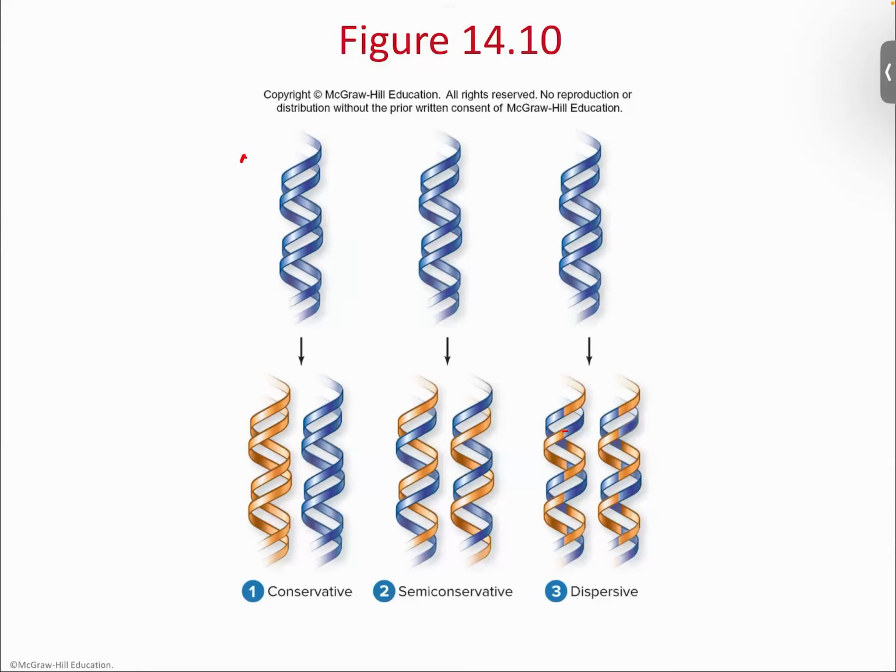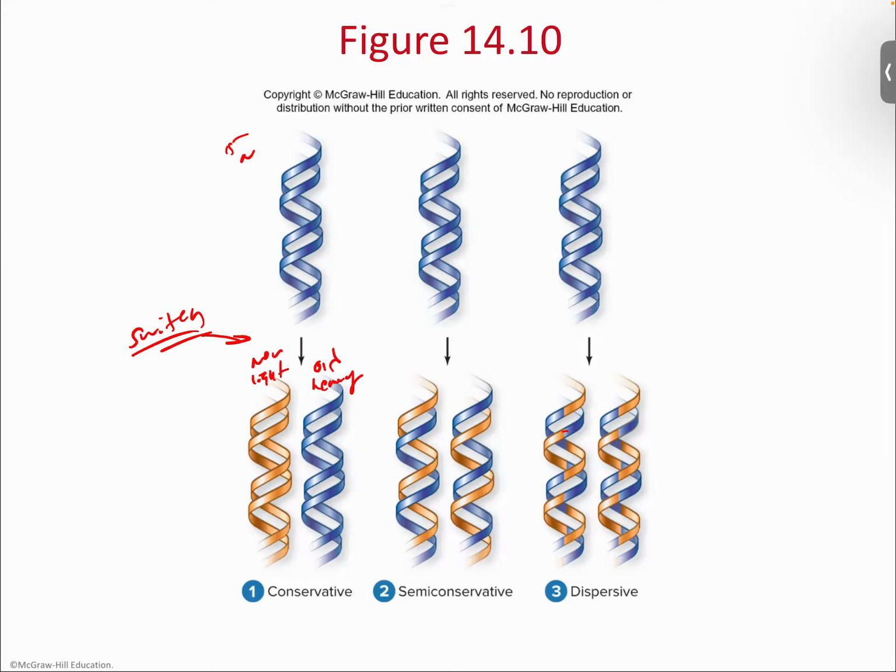If this is N15 or heavy nitrogen, then that means when we switch you, here's your switch, all of your old stuff should be heavy, yes? And all of your new stuff should be light, because now you're making it on N14.